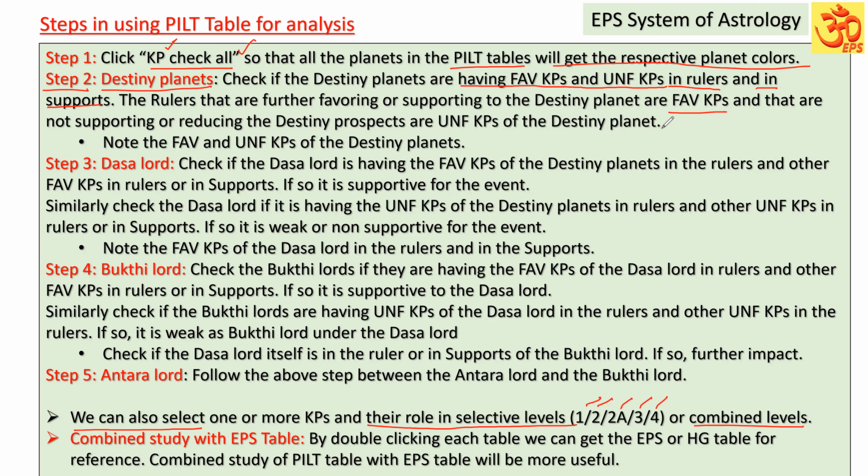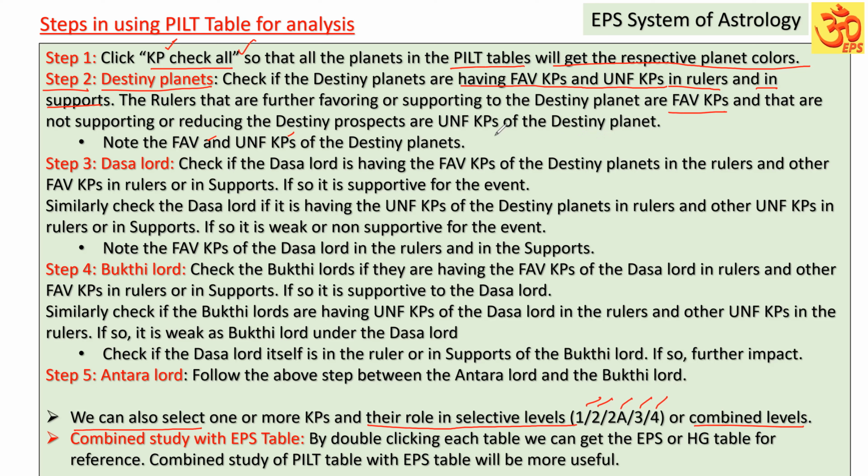It means we are going to study the favorable and unfavorable key planets of the destiny planet. We have to take the destiny planet, the cuspal sublord of the primary house planet, and check its rulers: star level, star 2A level, and sub level star lord of the sublord, whether that destiny planet has a favorable key planet further favoring the destiny or an unfavorable key planet present.